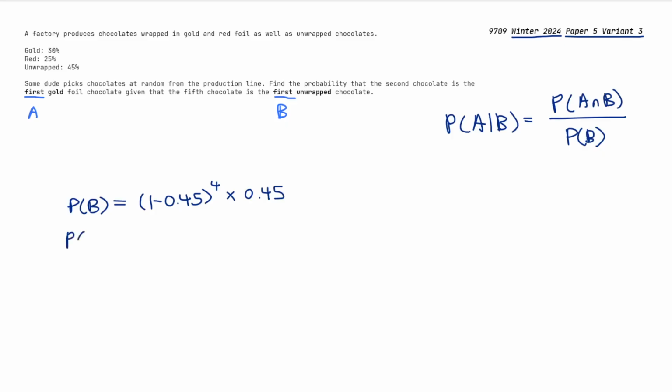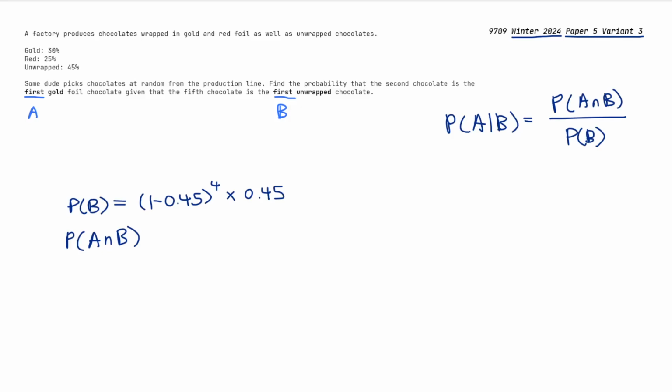And this is going to be on the bottom of the fraction, because we're going to have to find the probability of A and B now.